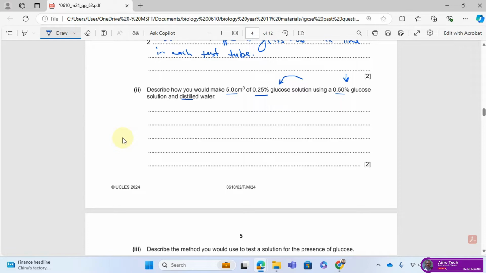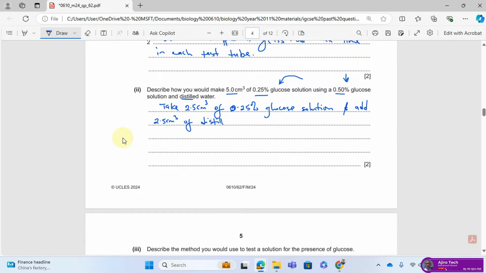So all you just do is you say take 2.5 cm cube of 0.50% glucose solution and add 2.5 cm cube of what?